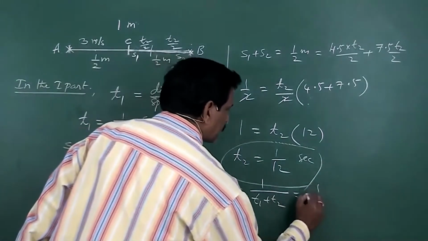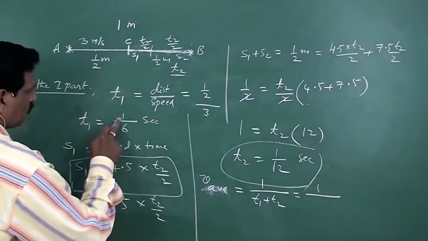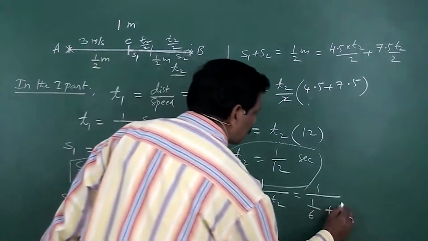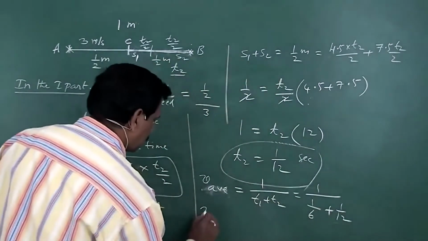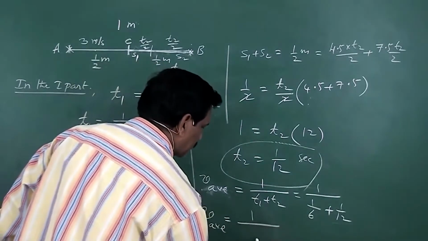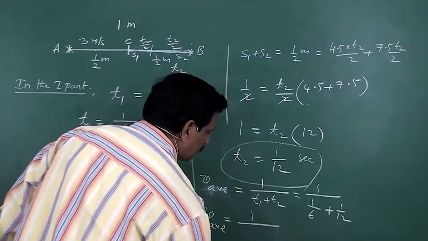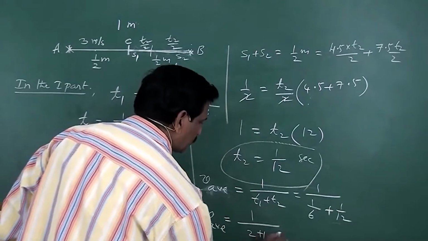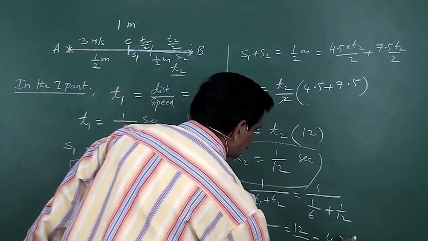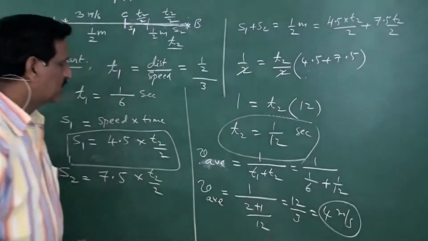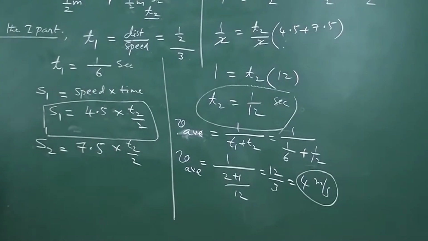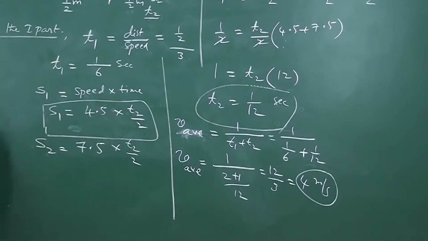So V average is equal to 1 by (T1 plus T2), where T1 is 1 by 6 and T2 is 1 by 12. The LCM is 12, so this is 1 by (2 plus 1) by 12, which is 12 by 3, that is 4 meter per second. So the average speed is 4 meter per second. This is the average speed of the car.